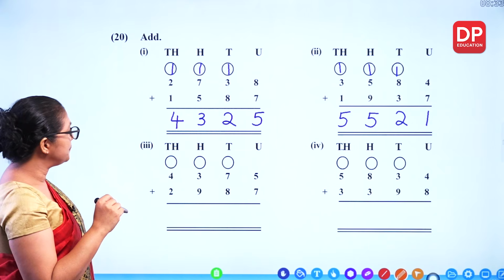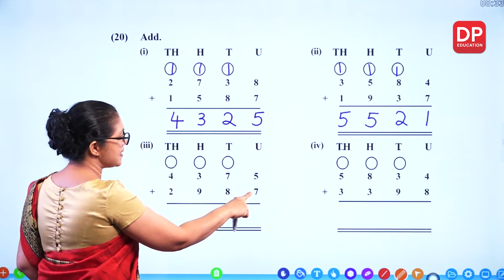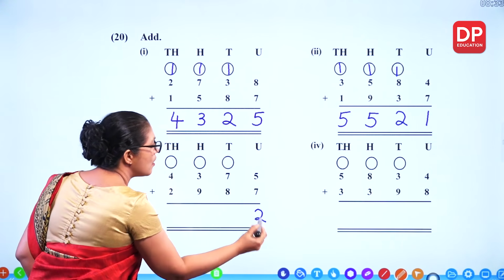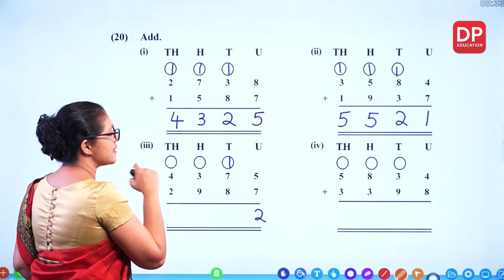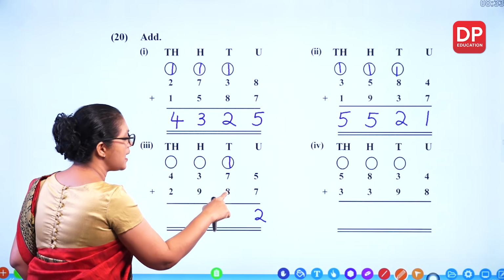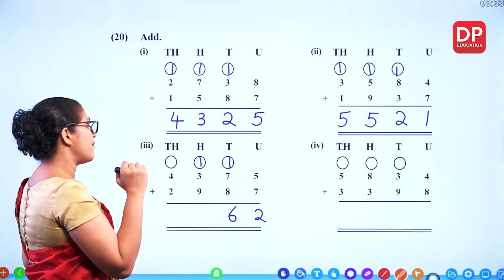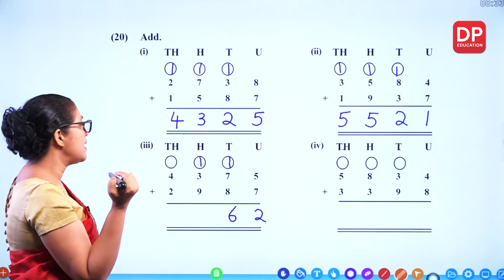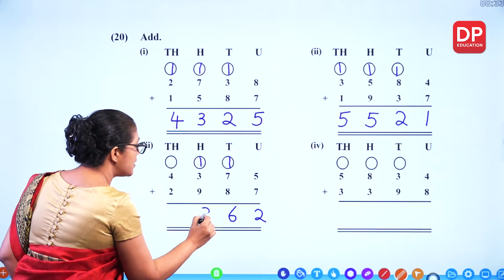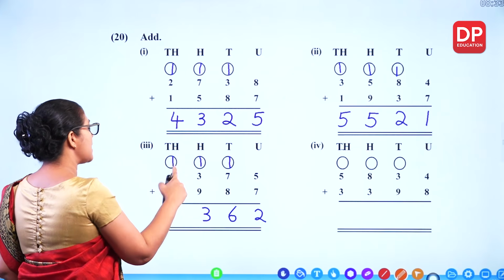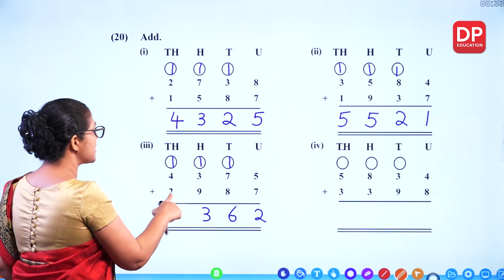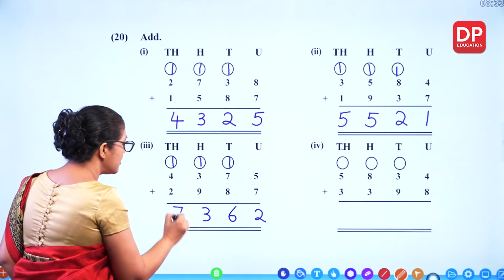What about this one? 5 plus 7. You get 12. 1, you can take it to the next level. 7 plus 1, 8. 8 plus 8, 16. 1, take it to this level. Then 9 plus 1, 10. 10 plus 3, 13. Take 1 to this side. So 4 plus 2, 6. 6 plus 1, you get 7.